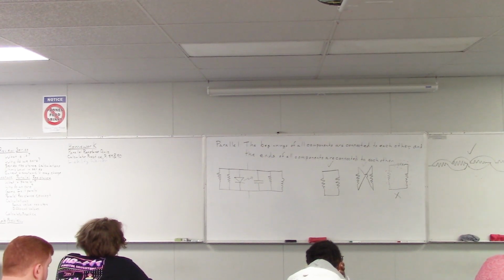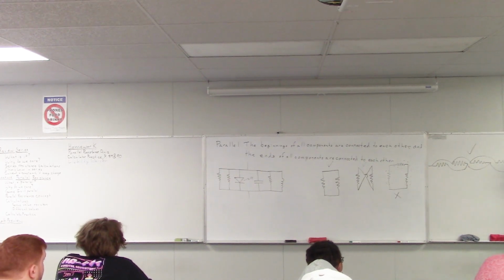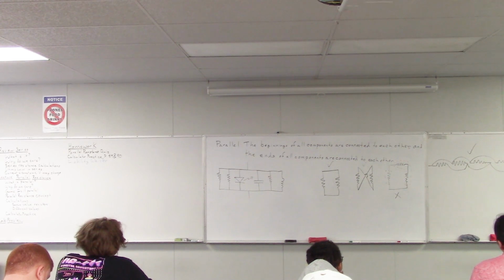Okay? So really, the shape of the circuit is not the important thing. The important thing is that it fits this definition. So that's what's going on there. Do you have any questions about parallel circuits here?